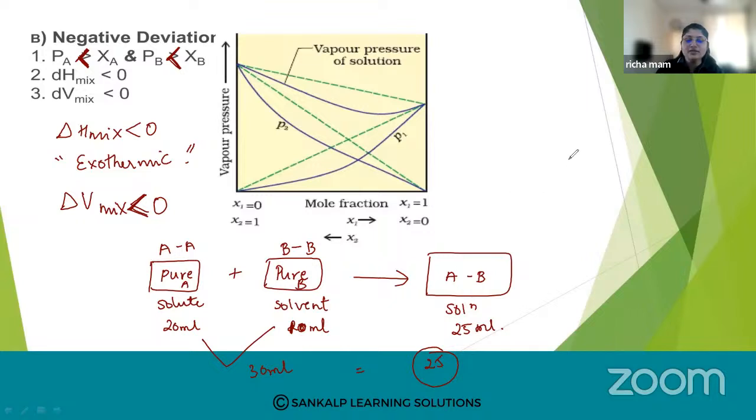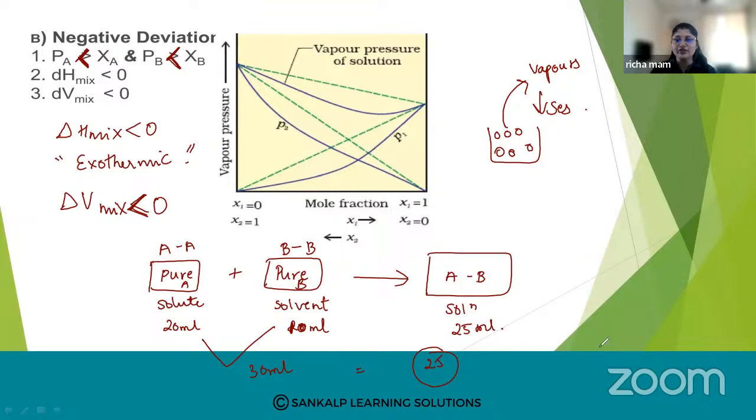But here, in the negative deviation, the tendency of the molecules from the solution to escape as vapors will decrease. This is due to the interaction, and because of this, it results in a negative deviation. Understood? So this is about negative deviation.